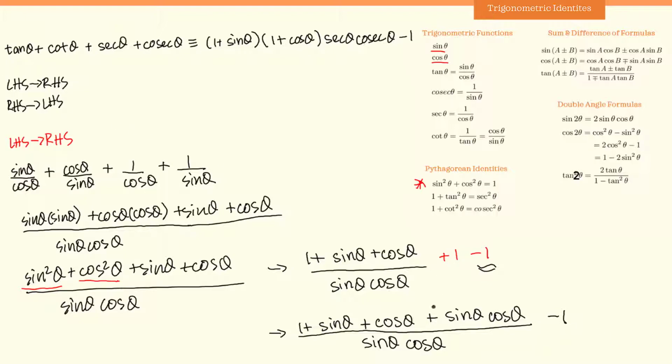Next, in the numerator, you can see that these two terms both have a cosine function in it. So I can factor these out by taking cosine common. So if I take cosine common in these two terms, this becomes cosine of theta times 1 plus sine of theta. And in my first two terms, there's nothing common, so I'll take 1 common to factor this out.